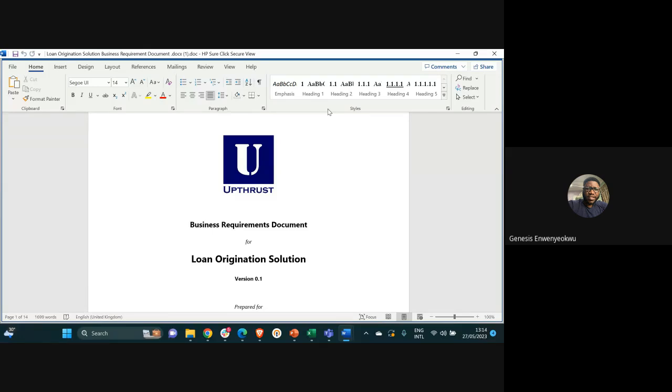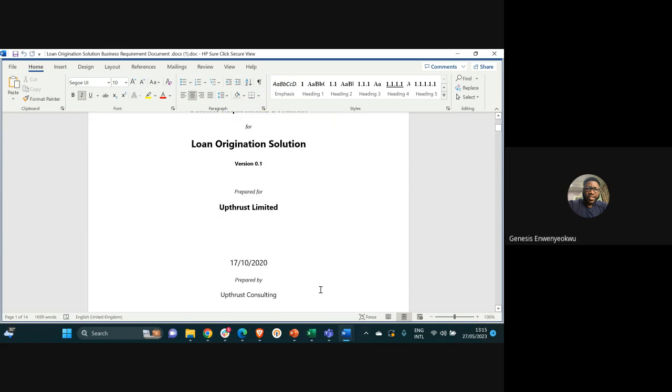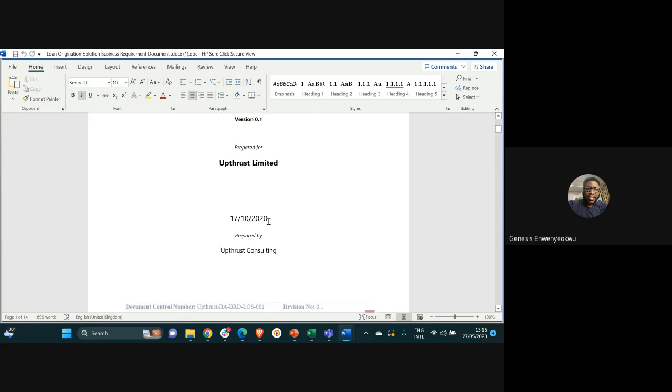So let's take a look at this business requirement document for a loan origination solution, right? This is a typical example of a BRD. We have the logo of the company that owns the solution, business requirement document for loan origination solution, the version, prepared for Uptrust Limited, prepared by Uptrust Consulting, the dates.